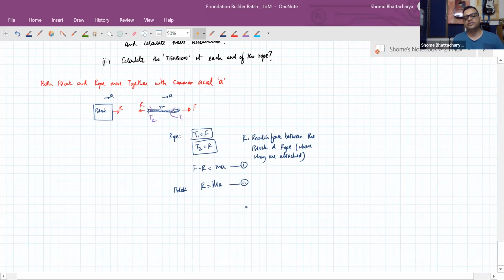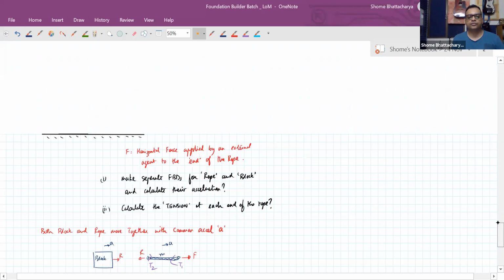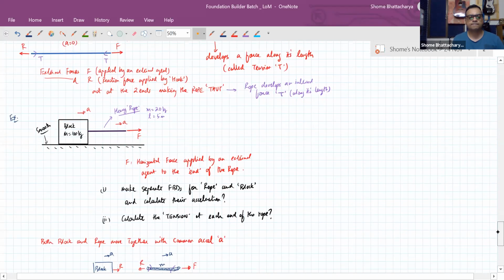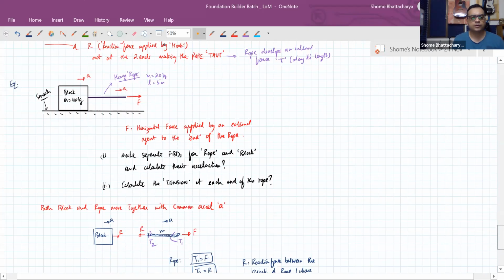So now solving these two equations, we'll get F is equal to the sum of the masses into acceleration. So the acceleration is this much. Okay. So we were applying a force of, so I had not given you the magnitude of the force. Okay, so let us say the magnitude of the force is 48 newtons.